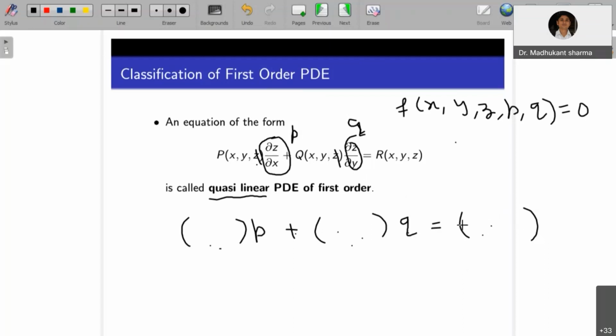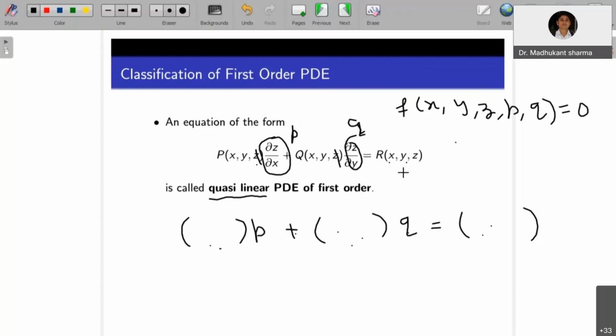The right hand side you don't care, it may be a function of x, y, and z at the most. The left hand side p and q coefficients are functions of x and y only, z is not involved. Then we will say it's an almost linear PDE, not linear again. So it is almost linear when the p and q coefficients are functions of x and y only, and the right hand side could be a function of x, y, and z.